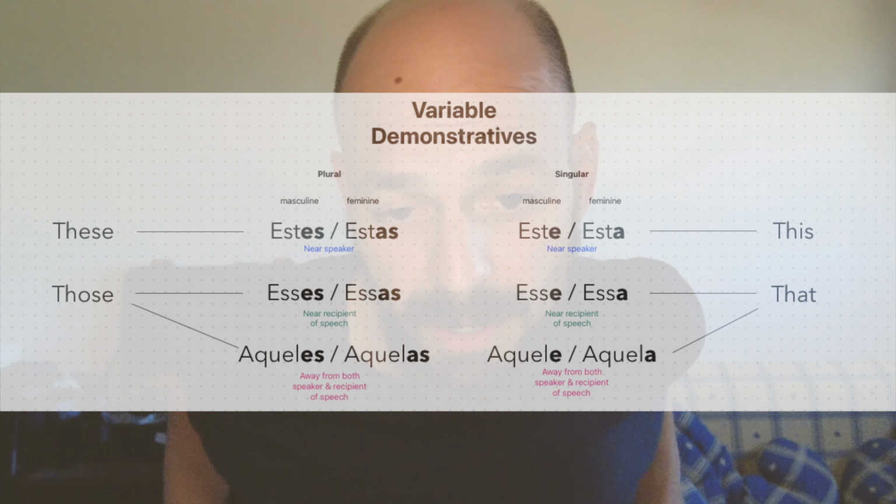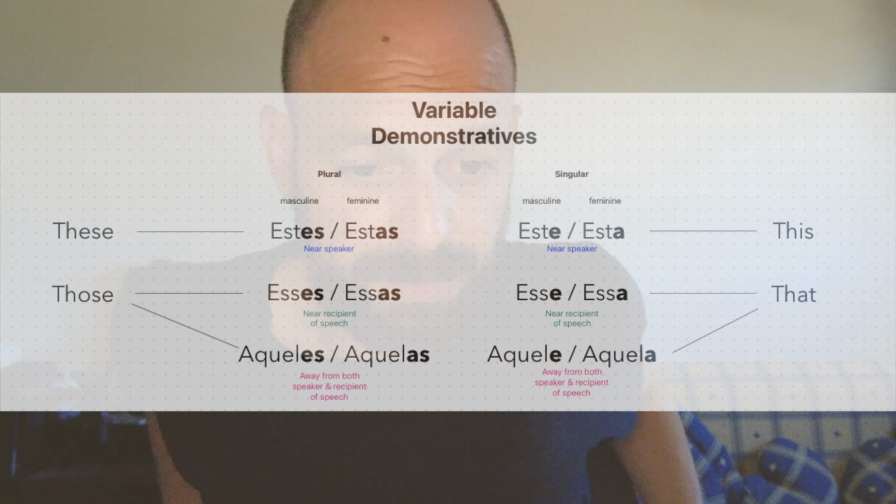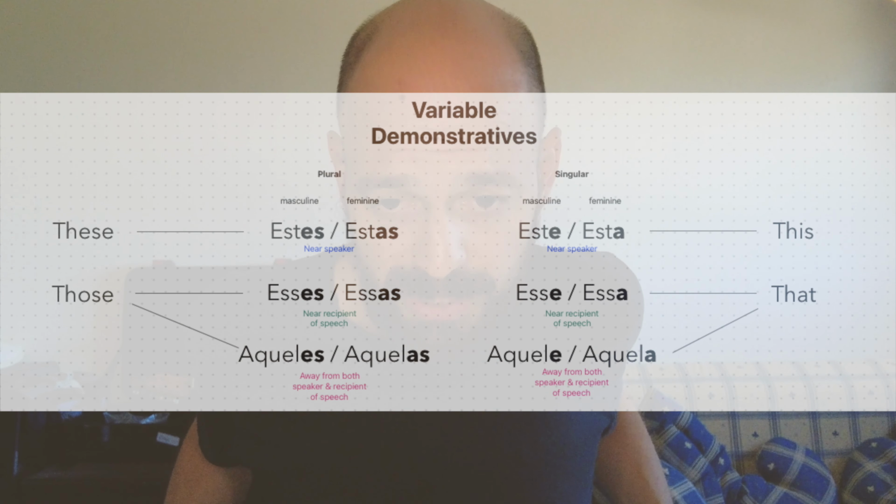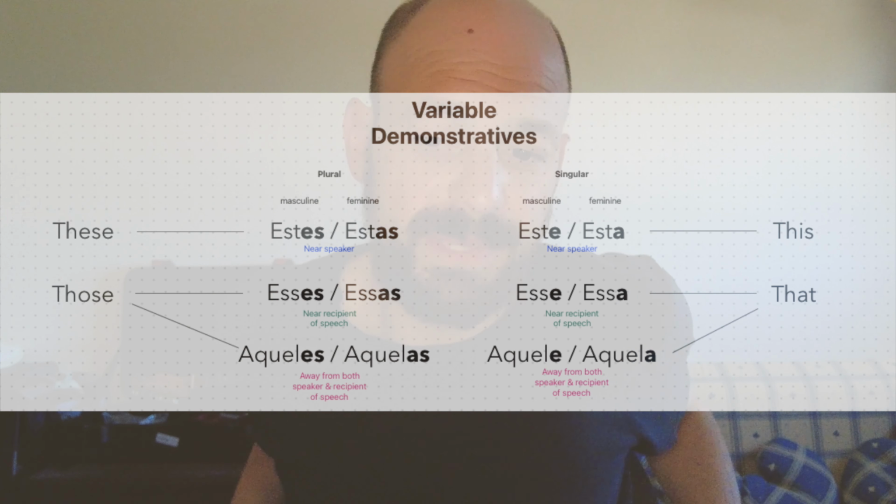So we want to now apply the gender and quantity endings to the this and that. And the words are fairly similar, slightly different from the invariable demonstratives. So here are our variable demonstratives. We'll just place them all out for you so you can see them, and we can look at them together and really try to make sense of this.